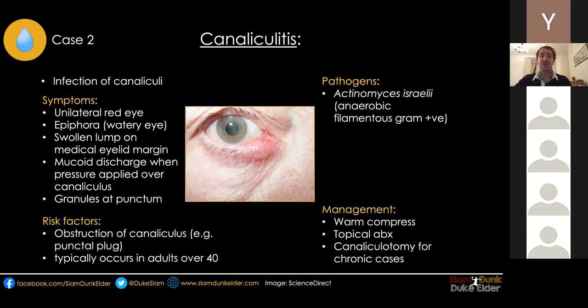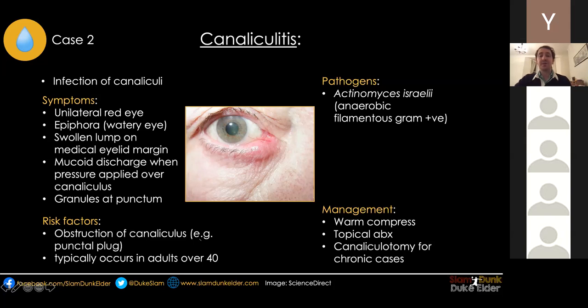If you put pressure on the swelling, you can extract some of the discharge, and it's often associated with granules out of the punctum. I put the pathogens here, so it's probably worth knowing what organisms are most likely to cause them.